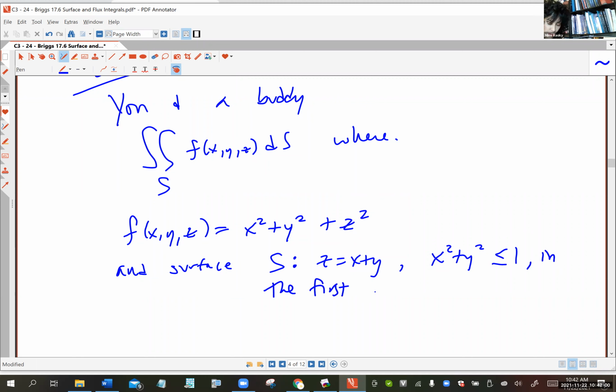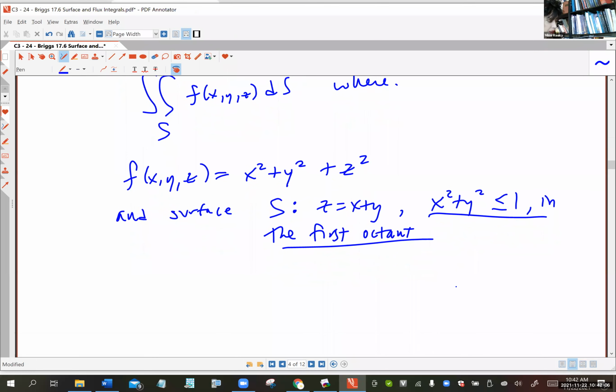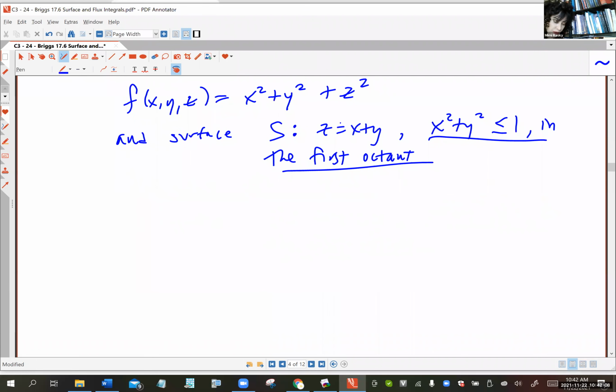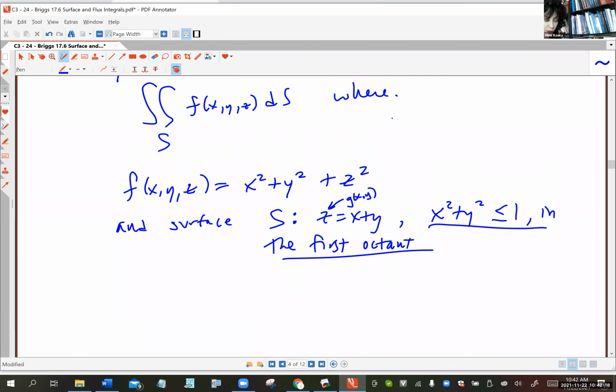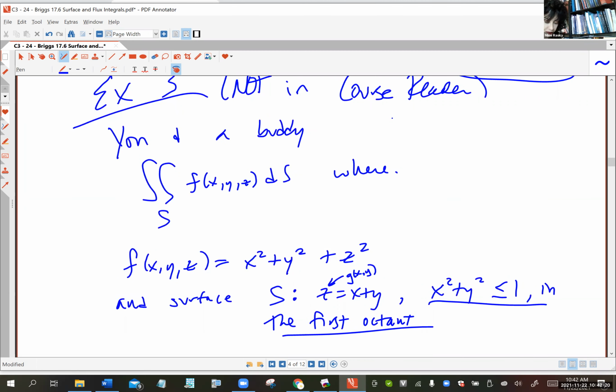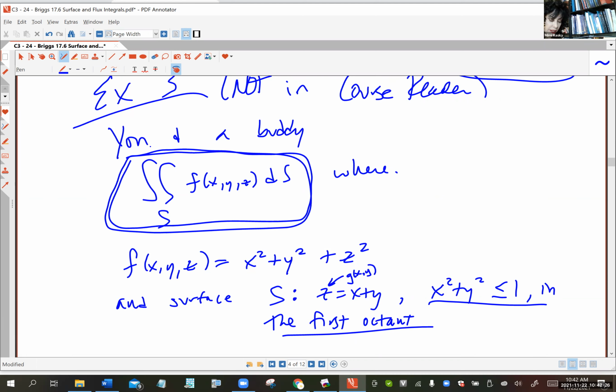So this portion of a circle, the region here, is in the first octant. Okay? So for those of you also watching at home, this z is also your capping surface, your little g. So now you know. Okay, you have all the ingredients there. So you and a buddy are going to evaluate this surface integral right here where you're given all the ingredients. All right.